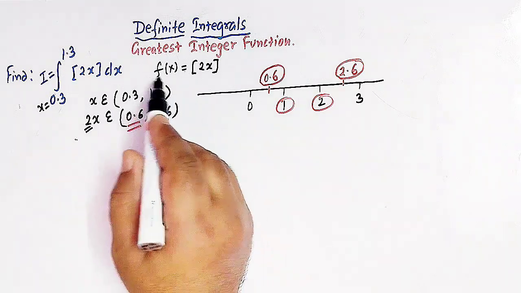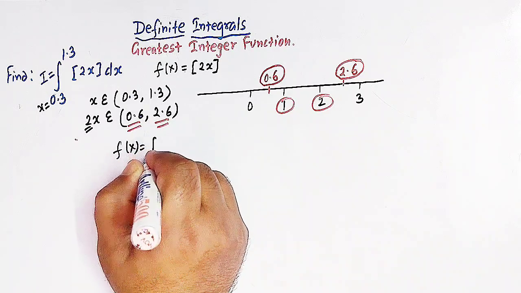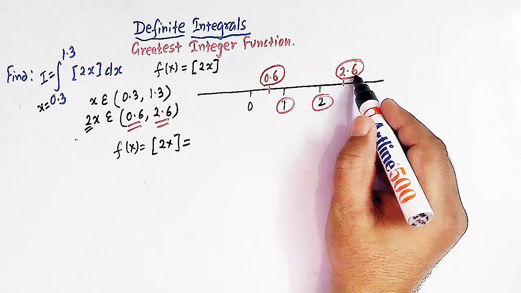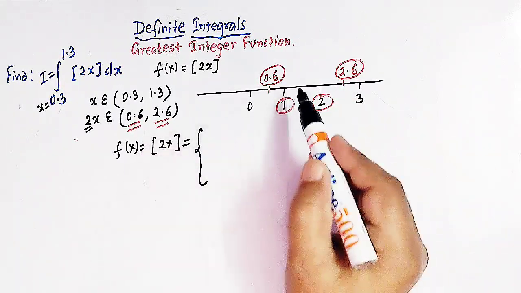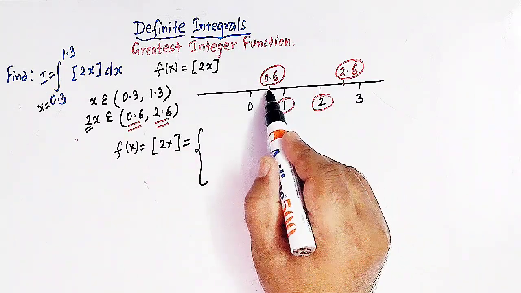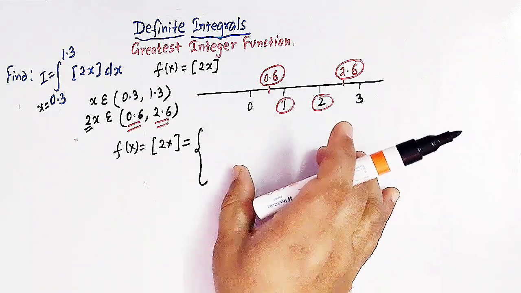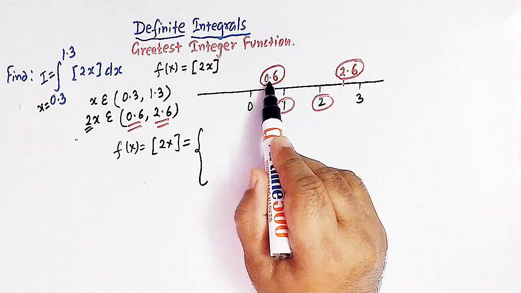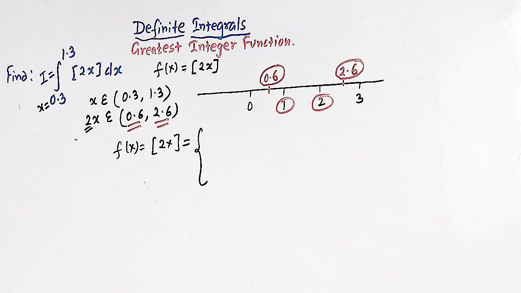Now let us redefine this function f of x, which is greatest integer of 2x, from 0.6 to 2.6, right? So what we basically do here, we'll divide this interval, that is 0.6 to 2.6, into three intervals, right?